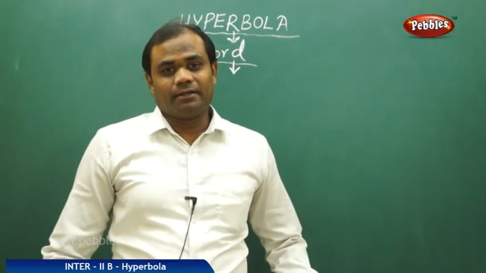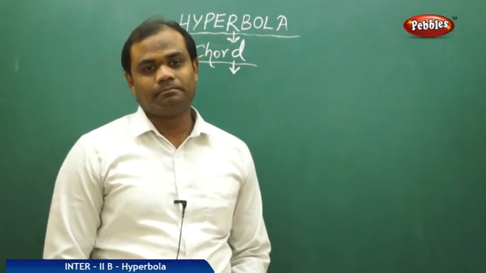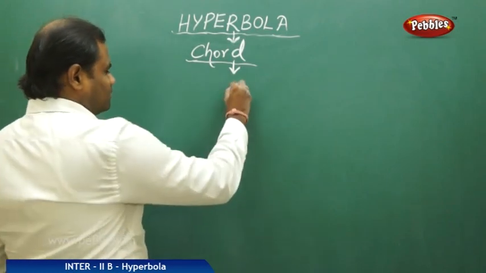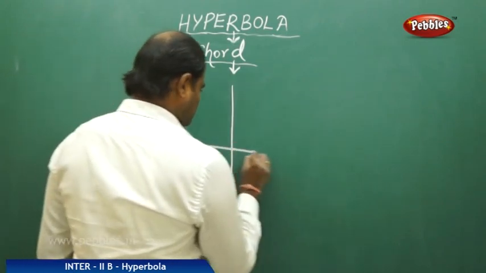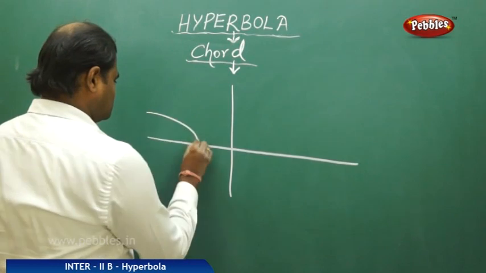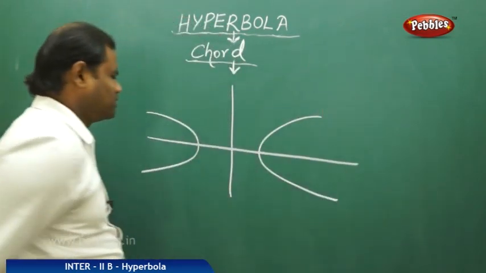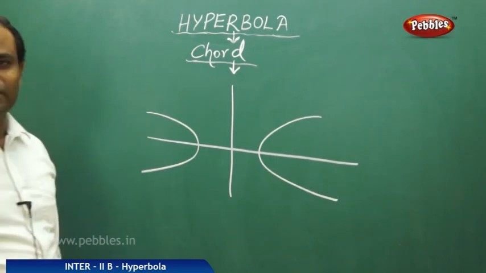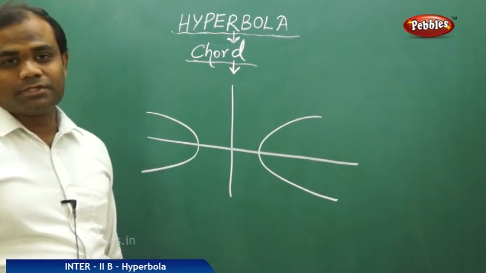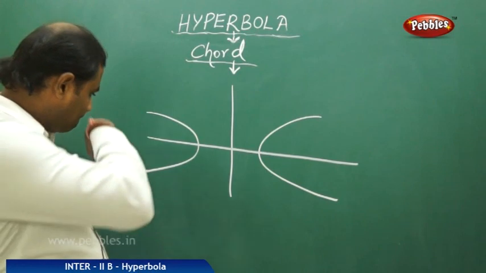Now let's define the chord of the hyperbola. As we have the standard hyperbola, a chord is a line which joins 2 points of the hyperbola.